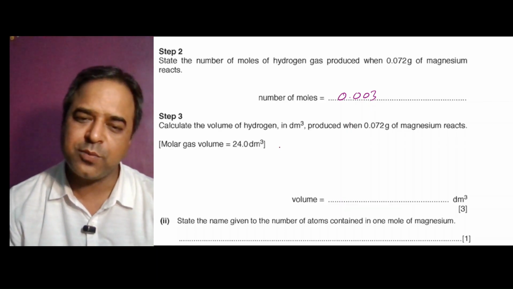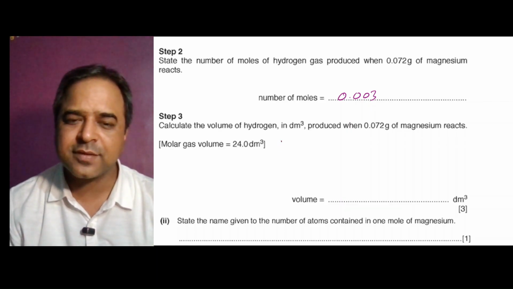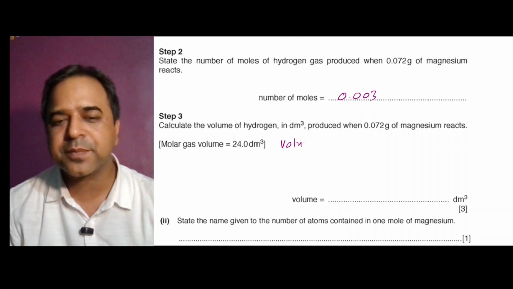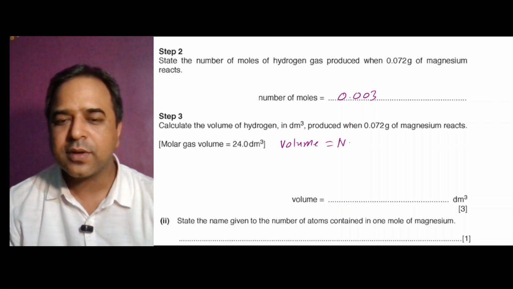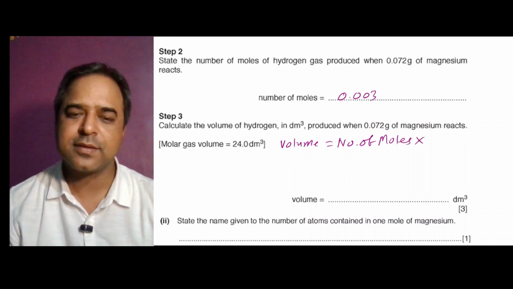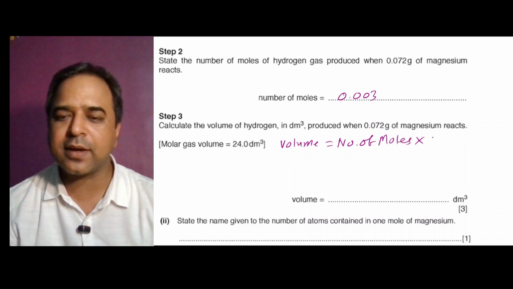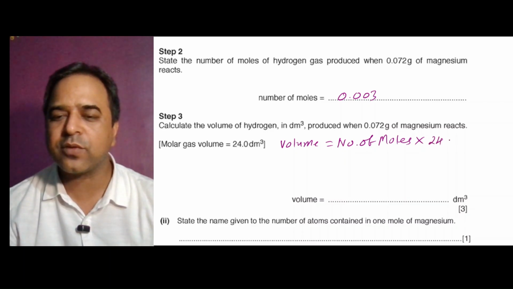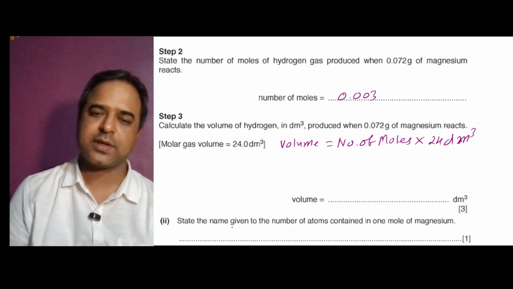So volume will be equal to number of moles multiplied by 24 dm cube.